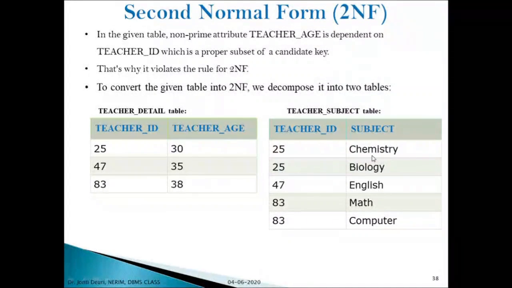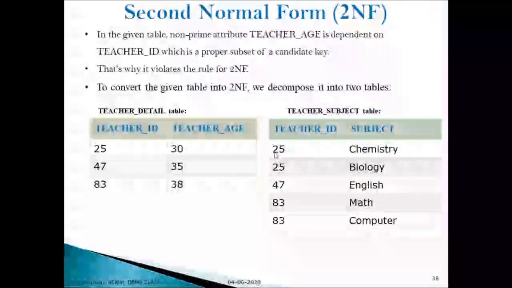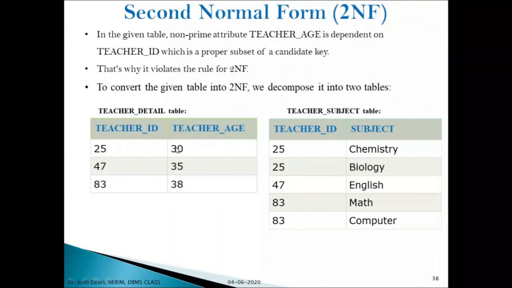The subjects are chemistry, biology, English, maths, computer. The same teacher can teach different subjects. Teacher ID 25 is taking two subjects, chemistry and biology, and 83 has maths and computer. So now we have separated this.